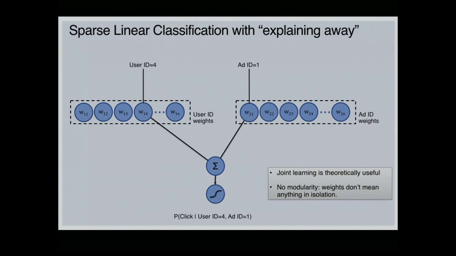The high level point here is we've iterated on a number of different models. First is this logistic regression, which had weights for user IDs and weights for ad IDs, so individual user and individual ad.